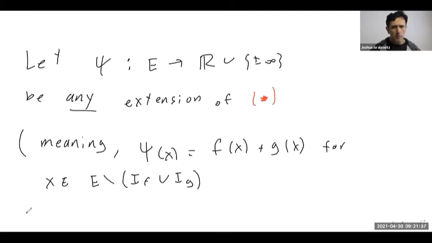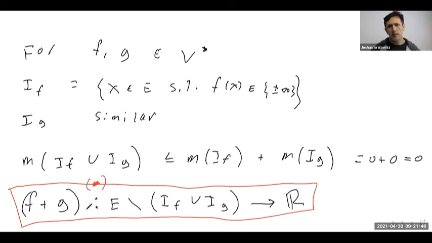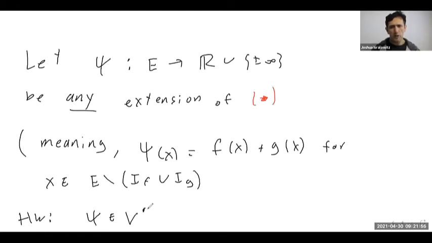Okay, so homework is that, as I mentioned, this function here is measurable, and also that this actually is measurable. It's pretty obviously finite almost everywhere, because IF union IG has measure 0, but homework is that, in particular, this is measurable. It's pretty straightforward, but I wouldn't say it's trivial by any means.